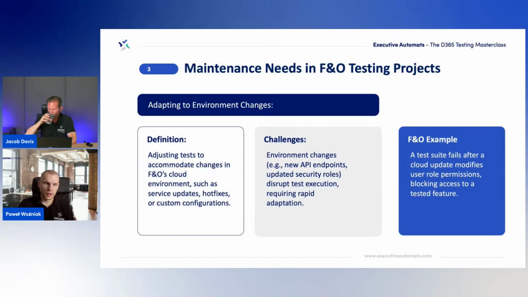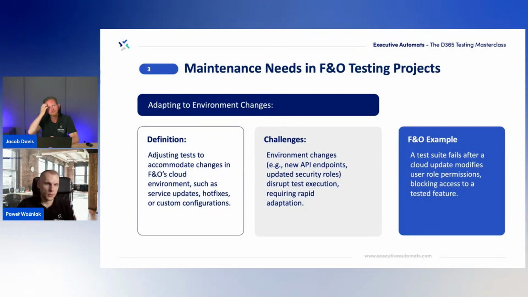In the first definition, the first type of maintenance was the script update. The difference between adapting to environment changes and script updates is that in test case updates, the change is required by our changes. We change the requirement, we change the process, and we need to adapt our test cases to the changes that we made.